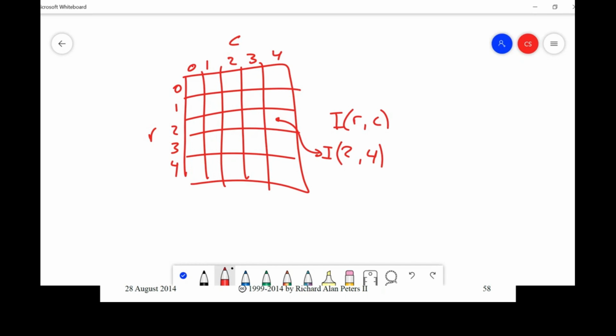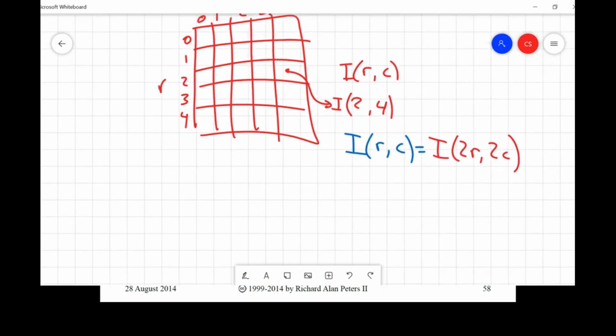Okay, so let's say that I want to construct a new image. So I may, for instance, do something like that. So say, for instance, my new image at the location R, C of the new image is, let's make it red, is I at the location 2R, C. Okay, so now we have a new image.